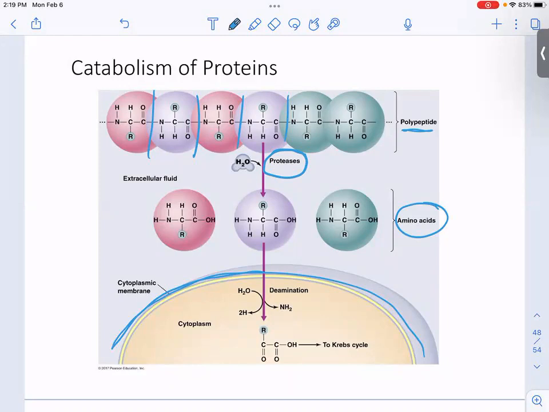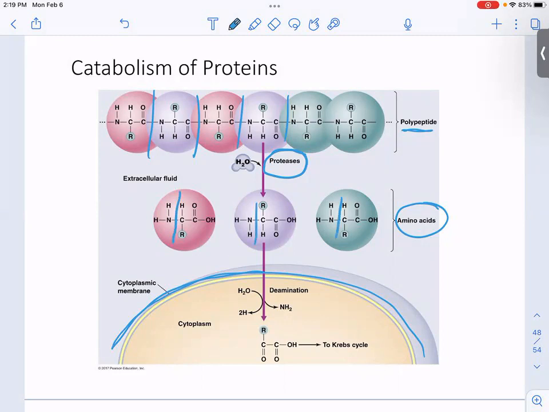How are they broken down once they're inside the bacterial cell? There's some differences, but most often the organism will produce a deaminase enzyme, which does what it sounds like. It's going to cleave off the amino group of those amino acids.